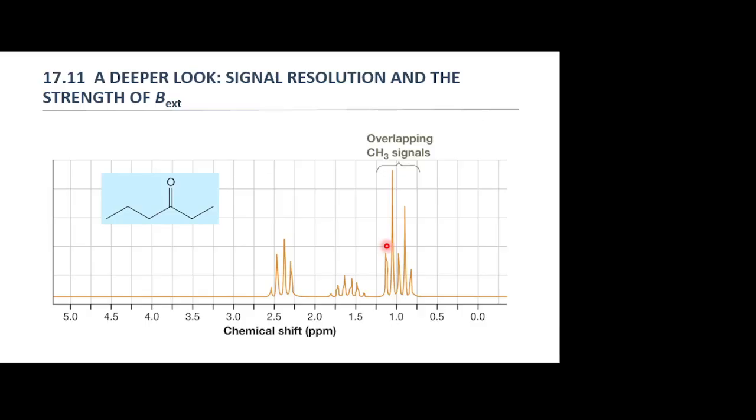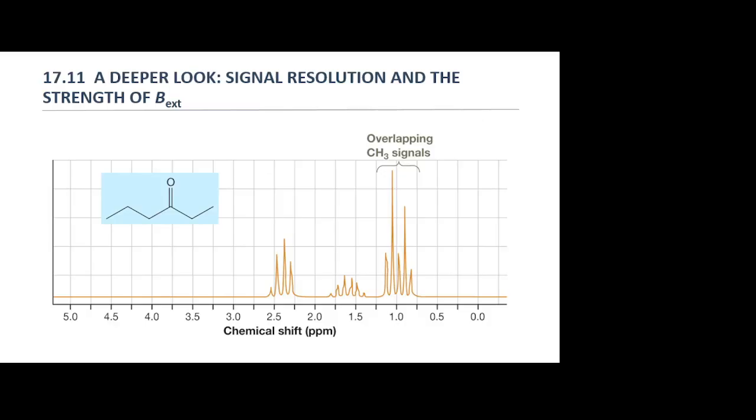Yeah, it's wiggly, isn't it? It's like it's lopsided. And that's because it's not one peak. Okay. It actually has multiple peaks under there, most likely two. Now, this is actually using a 90 megahertz instrument.